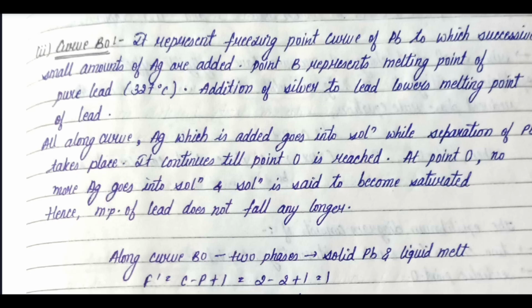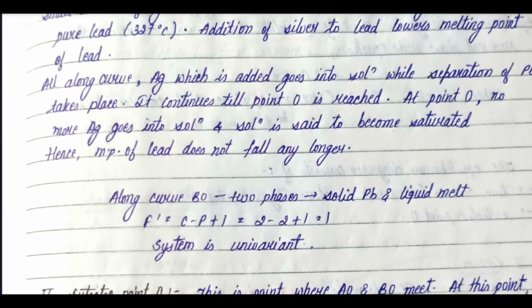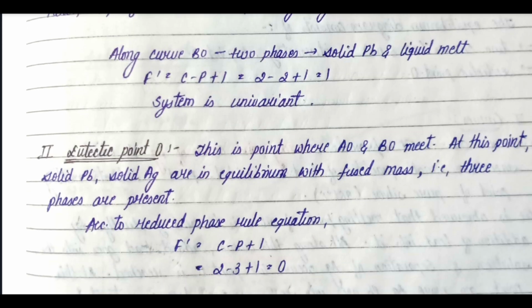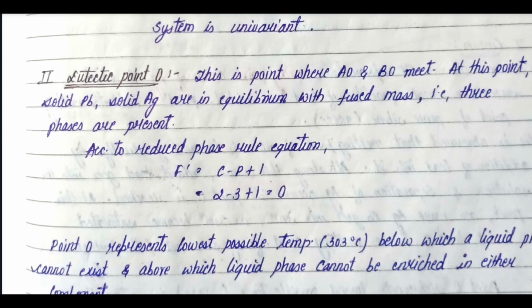All along curve BO, Ag which is added goes into solution while separation of Pb takes place. It continues till point O is reached. At point O, no more Ag goes into the solution and solution is said to become saturated. Hence, melting point of lead does not fall any further. Along curve BO, two phases, solid Pb and liquid melt. F dash is equal to 1, system is univariant.